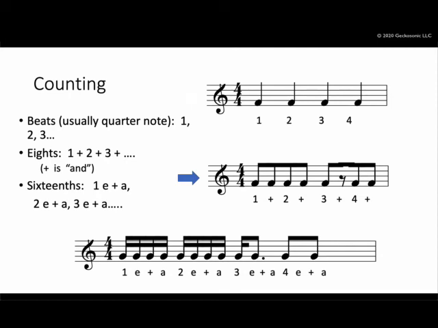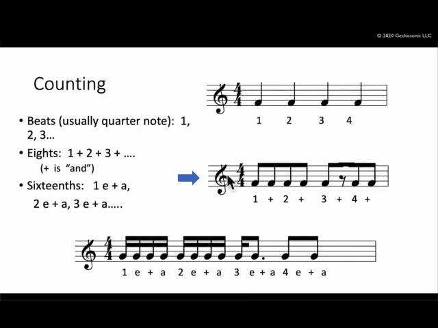But for counting eighth notes, how much time does an eighth note take up? Well, this is where we notate it with this 1 plus 2 plus thing, but it's actually 1 and 2 and 3 and 4 and. So we've divided verbally the counting of quarter notes into eighth notes. So 1 and 2 and 3 and 4 and is me saying 8 things in the time space of me saying 1, 2, 3, 4.